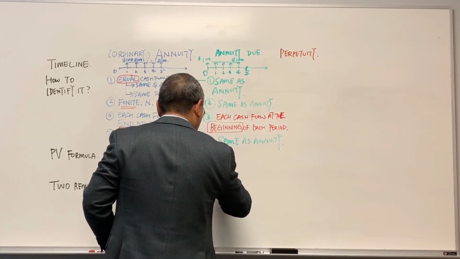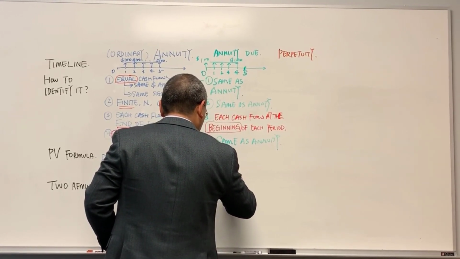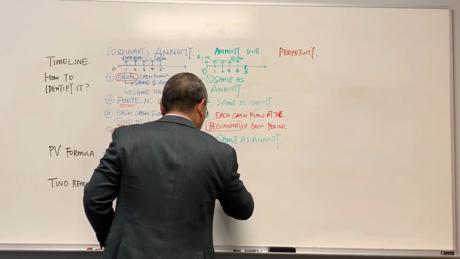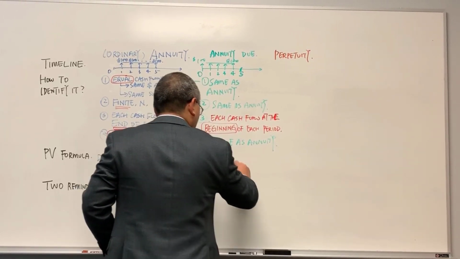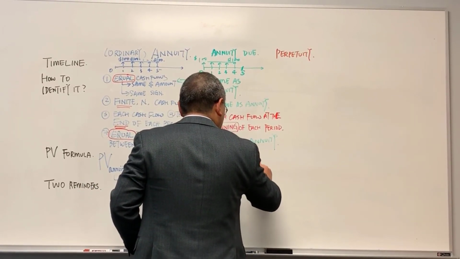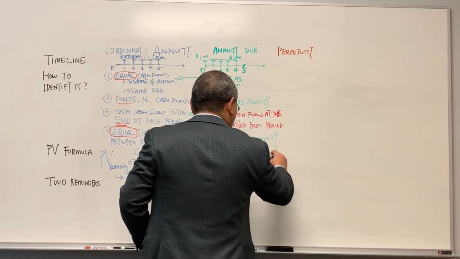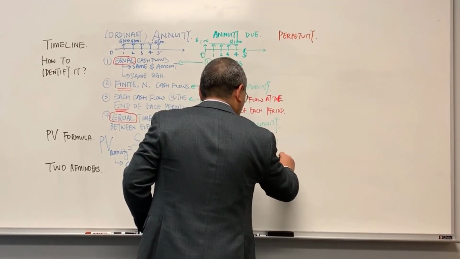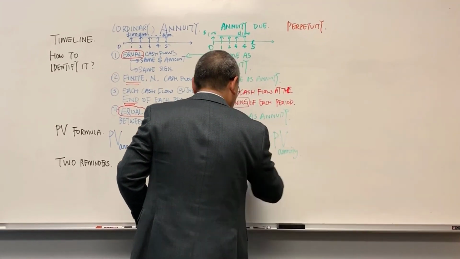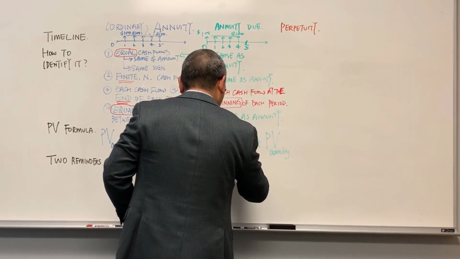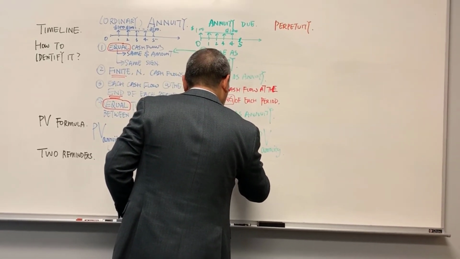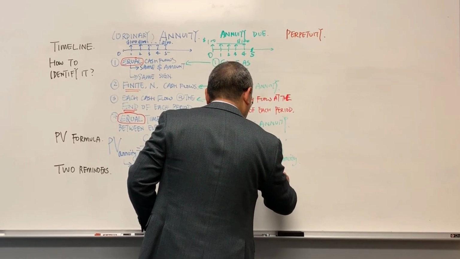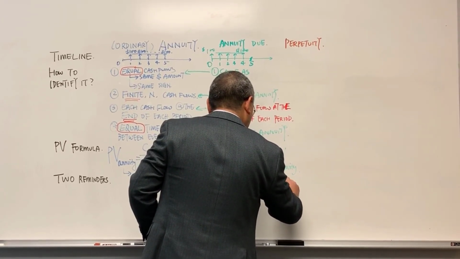The present value of annuity due equals 1 plus R times the present value of annuity, if we have the same C, R, and N.